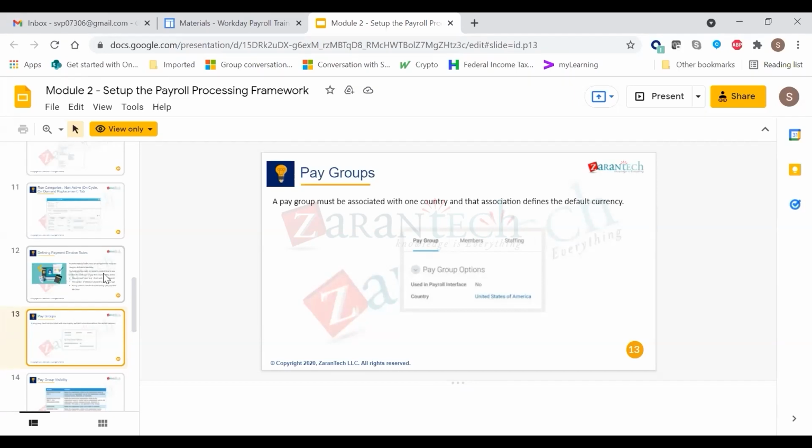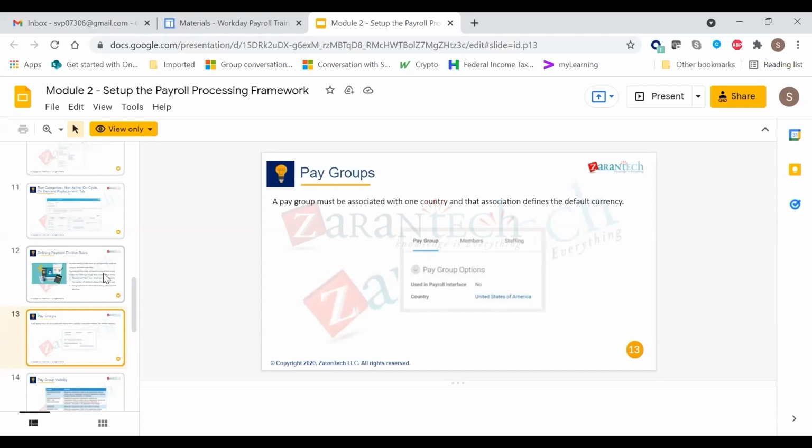Similarly, when we are putting employees into a specific pay group, why do we put those employees into that pay group? There are multiple reasons. First, they have some common nature, like they are all non-exempt, or they belong to a particular location, or they belong to a particular company, or they are getting paid at the same frequency.